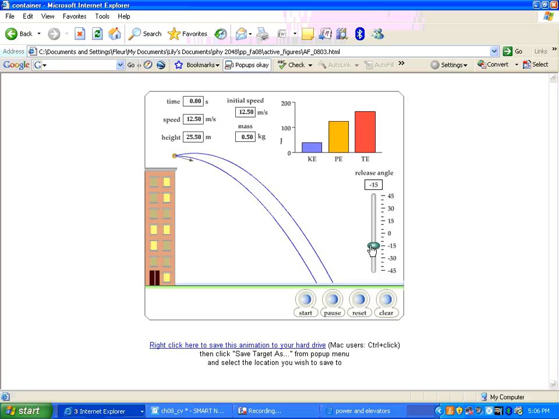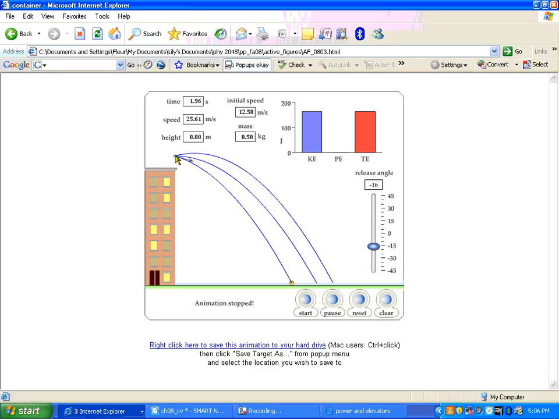Let's now go 15 degrees below the horizontal and launch our projectile. And it should be confirmed that 25.61 will be the speed. Now, what will be different between these three, however, is the time that it takes the ball to reach the ground.